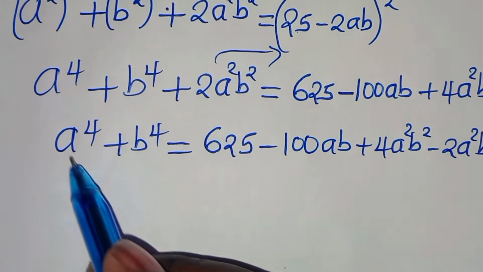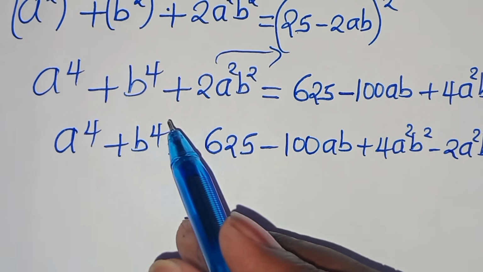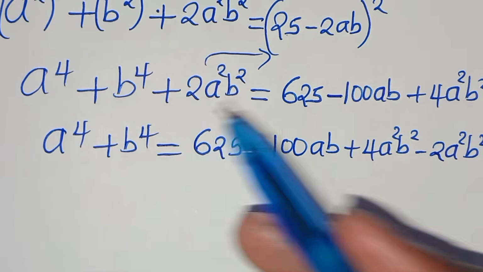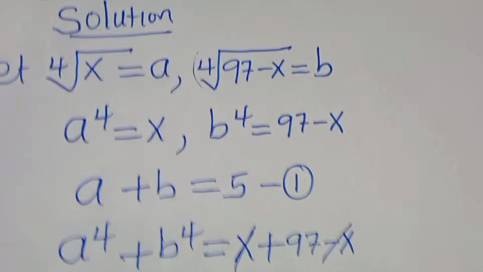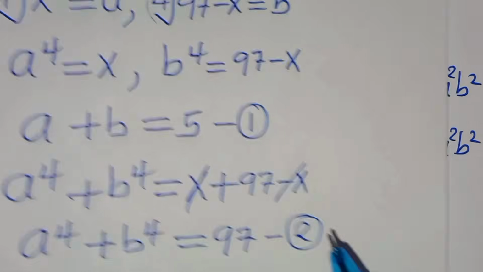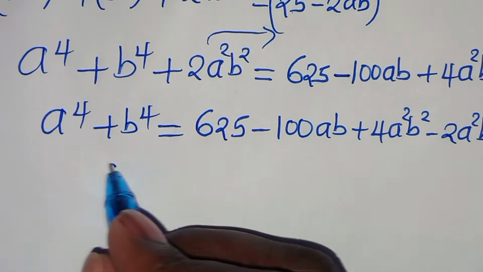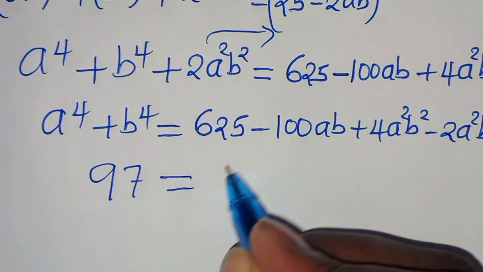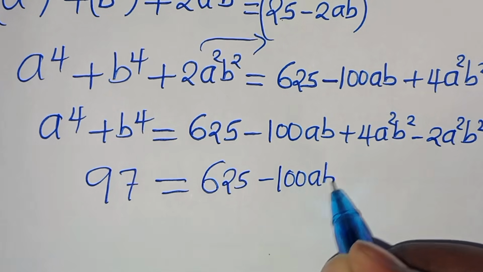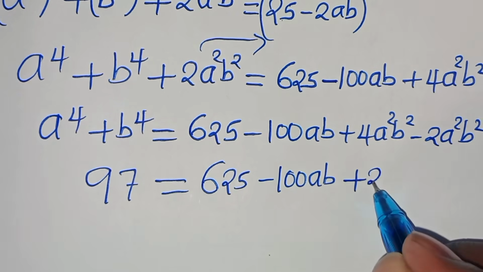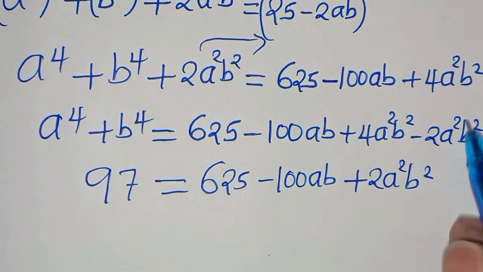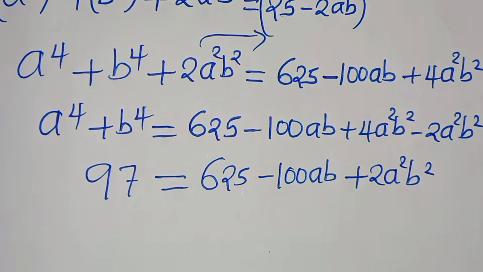From equation 2, a to the power of 4 plus b to the power of 4 is 97, so let's substitute 97 here. So 97 equals 625 minus 100ab plus 2a squared b squared, since 4a squared b squared minus 2a squared b squared is 2a squared b squared.